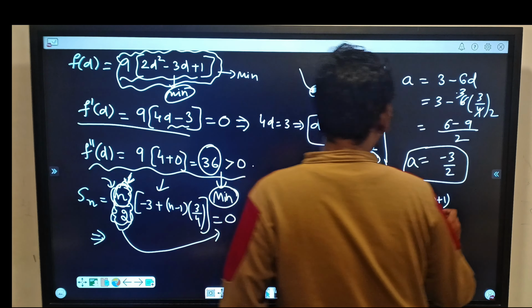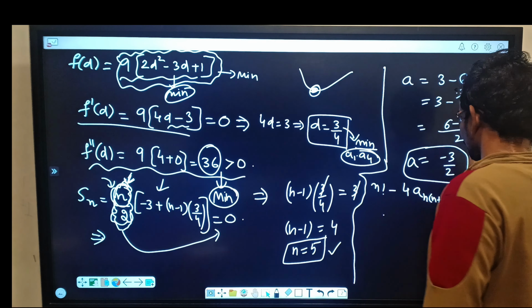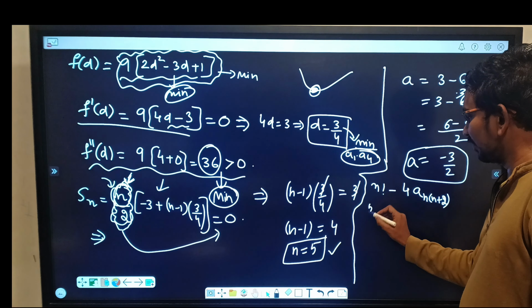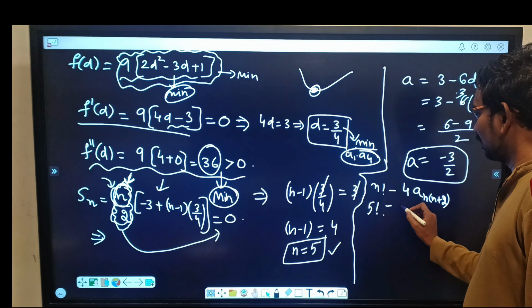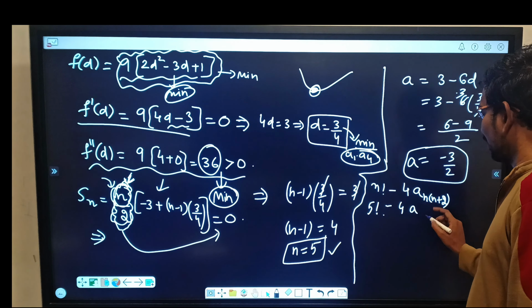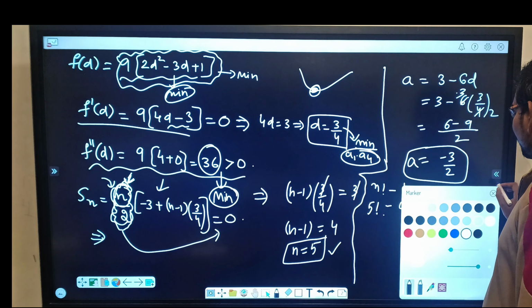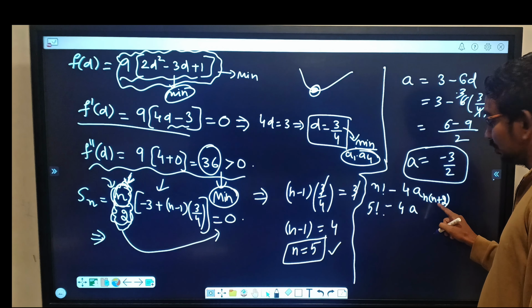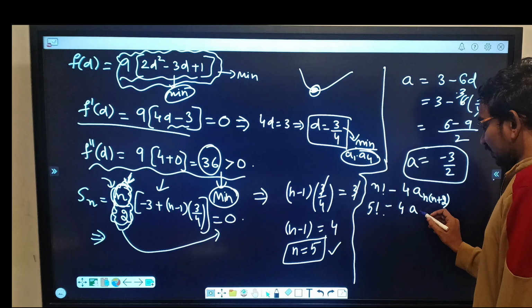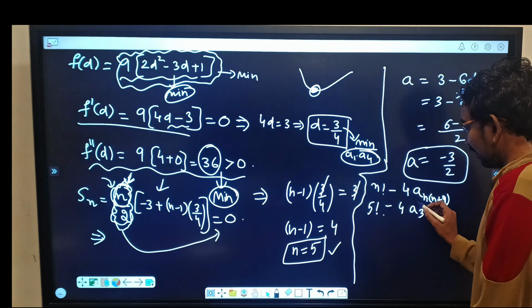So this is n plus 2, and n is 5: 5 factorial minus 4 into A into 5 into 7. So 5 into 5 plus 2 is 7. 5 7s are 35. So 4 into A 35.